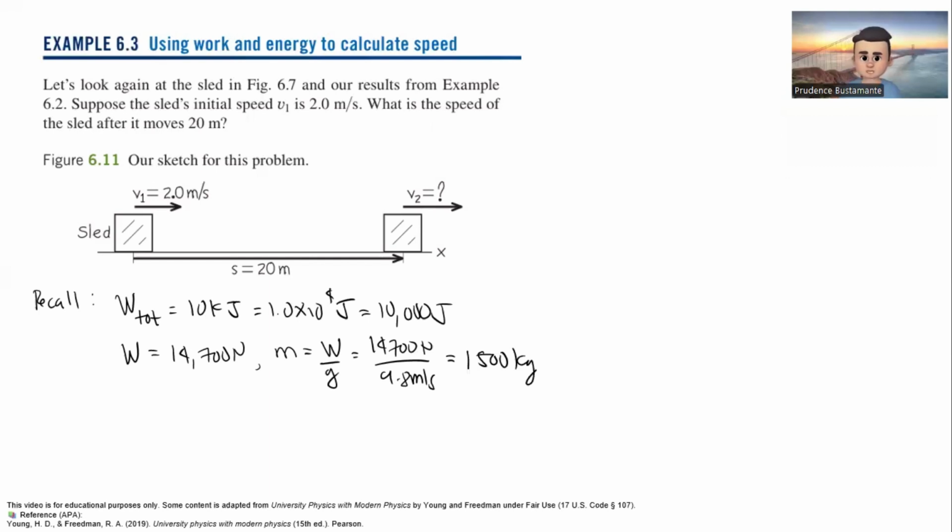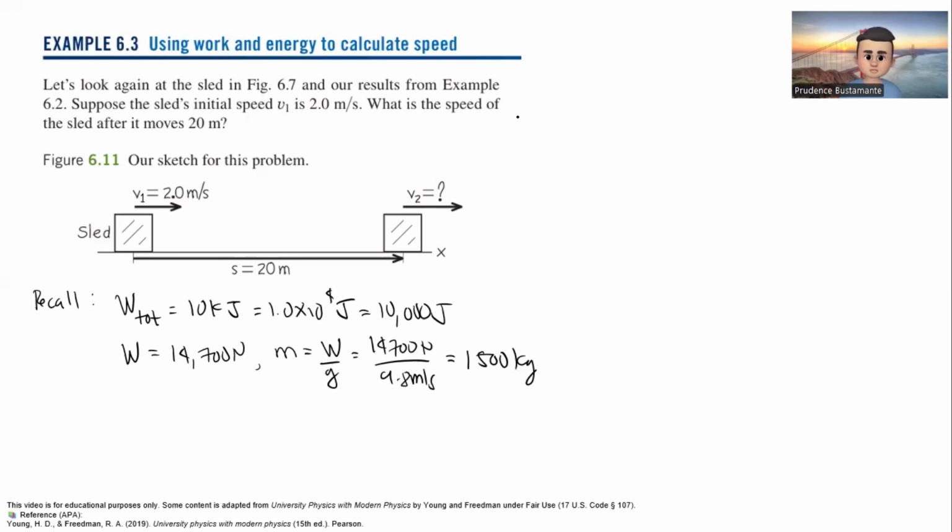Okay, so here, if we did not learn the work energy theorem, we would have used the kinematics equation for this kind of problem, constant acceleration. However, since we have already learned a new concept, we can answer this one using that new concept.